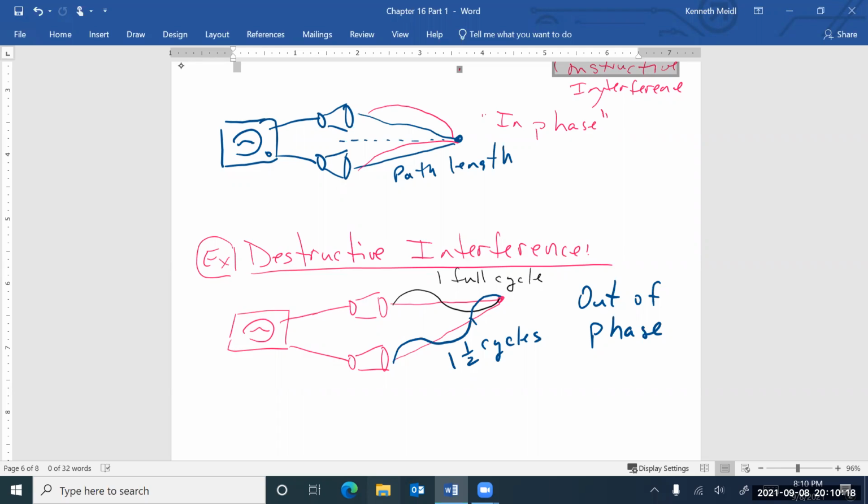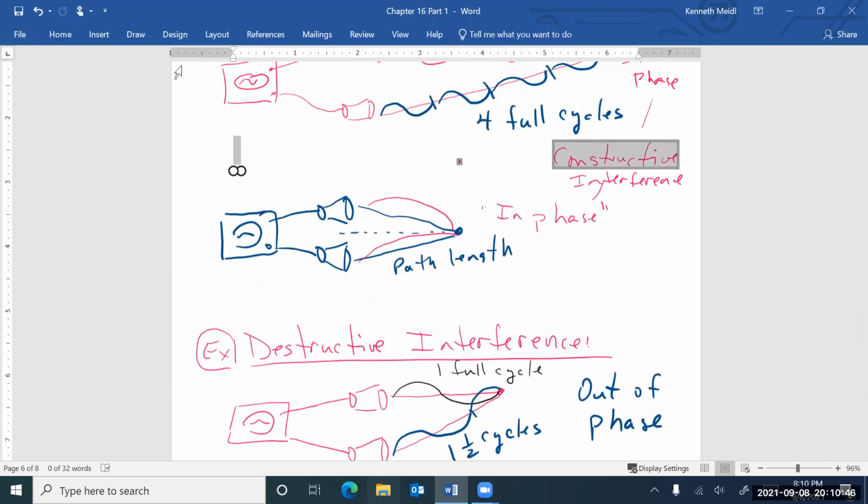Now, if these couple examples here make sense to you, then you've really got the concept here, right? They don't have to travel the same distance to be in phase, but they have to have the same phasing, or be in the same part of the cycle, to be in phase. And for us to have this condition of constructive interference, that's what you really want here, right?